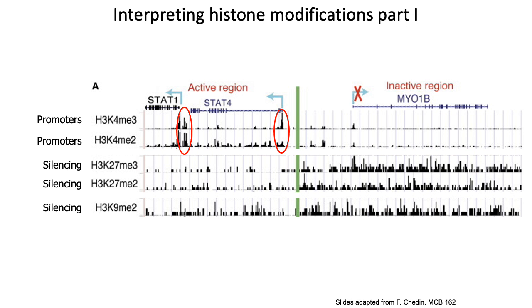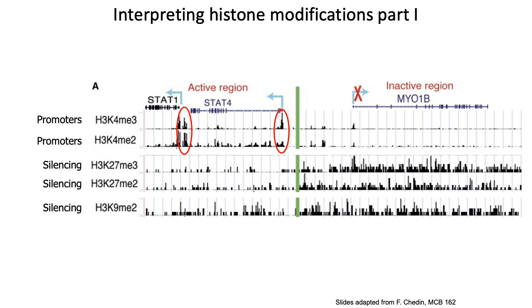So in a typical epigenomics assay, you typically assay more than one histone mark because, again, histone modifications have combinatorial effects. Sometimes their effect depends on other marks that are present on the genome.